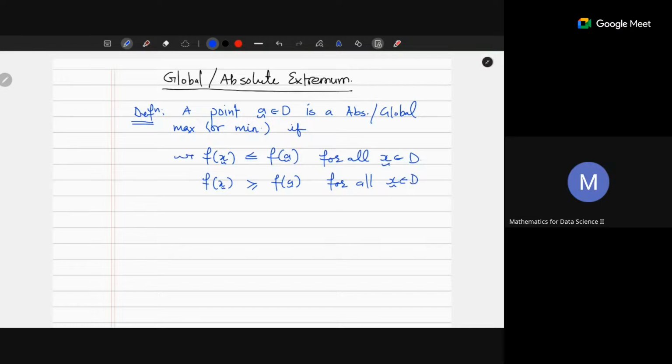So obviously this is for maximum and this is for minimum.